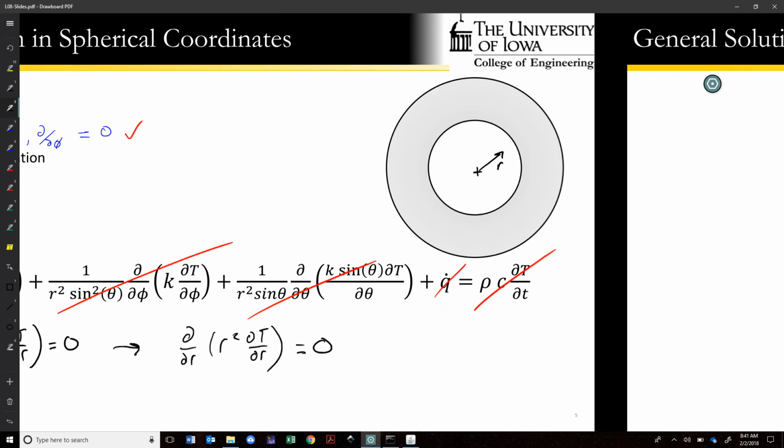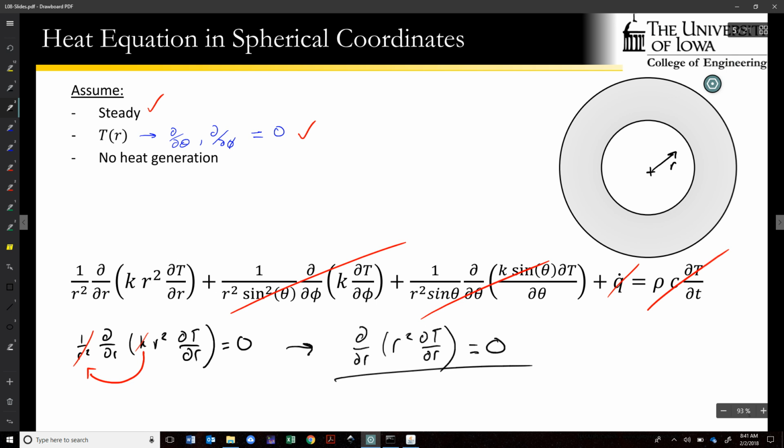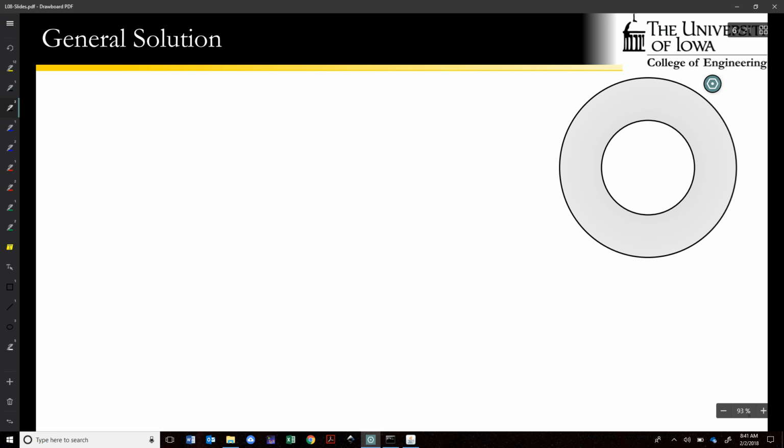Now if we want to solve this, it becomes, once again, a matter of integrating once, getting this term out, dividing through by r squared, and integrating again. So if our equation to solve is d/dr of r squared dT/dr equals 0, integrate once, and we end up with r squared dT/dr equal to some constant.